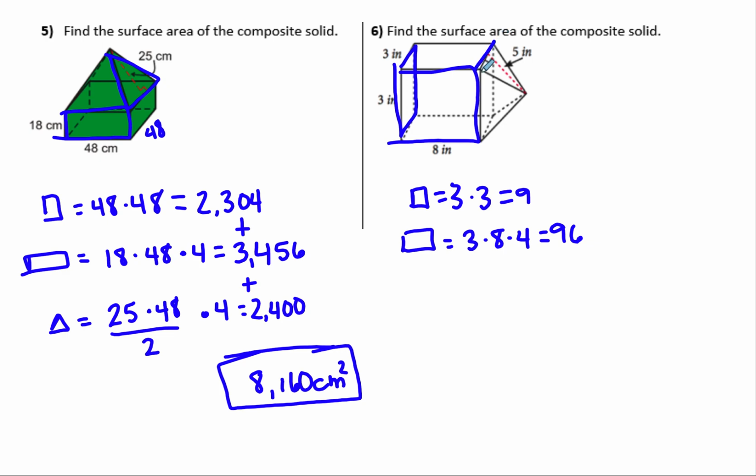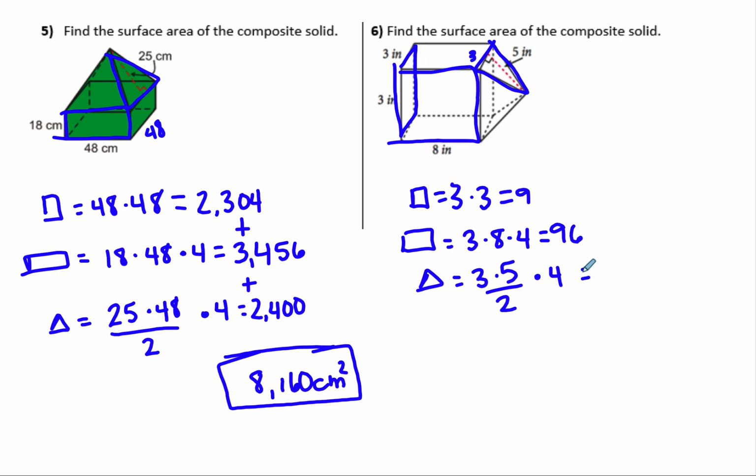And then my triangles, this part is 5, the slant height. This part would be 3 because this part's 3 in the rectangle. So for the triangle, I'm doing 3 times 5 divided by 2 times 4 because there are 4 of them.